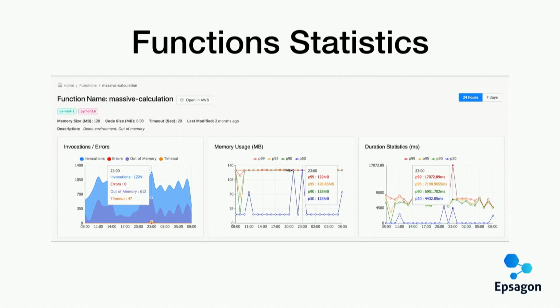Now, let's see some more. For each Lambda function, I want to have general metrics. I want to see how many invocations there were. I want to see the memory usage, but it's not enough to see only the average memory usage, or the memory usage of some specific invocations.